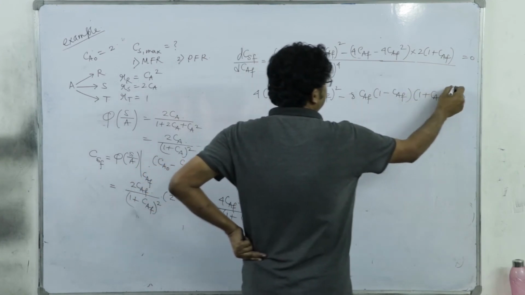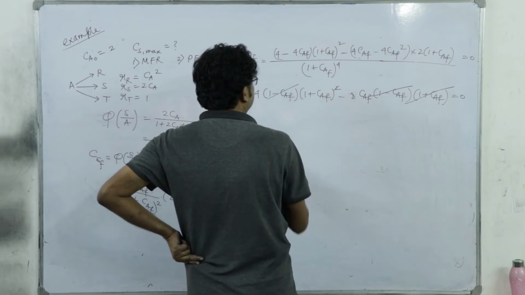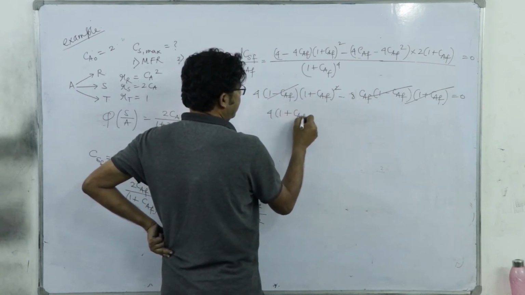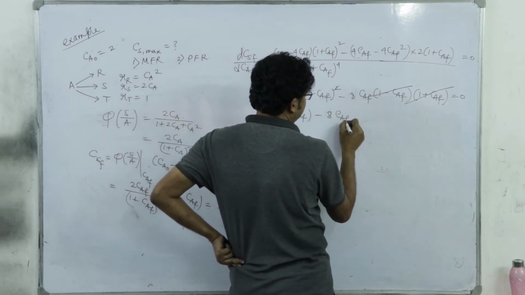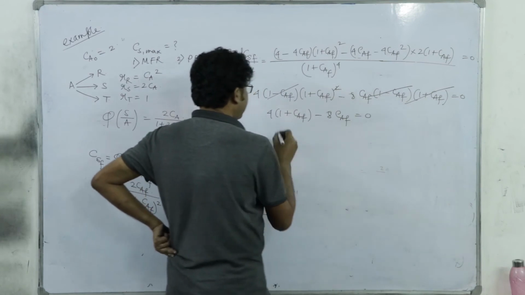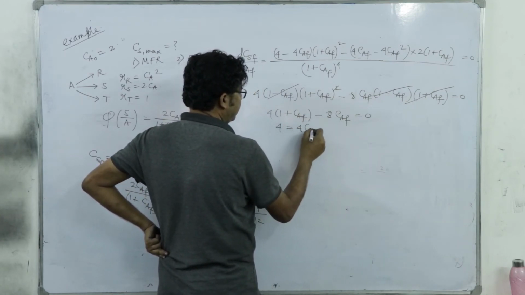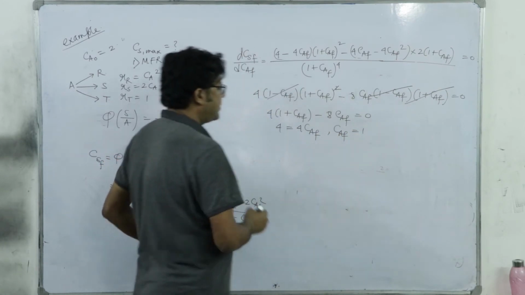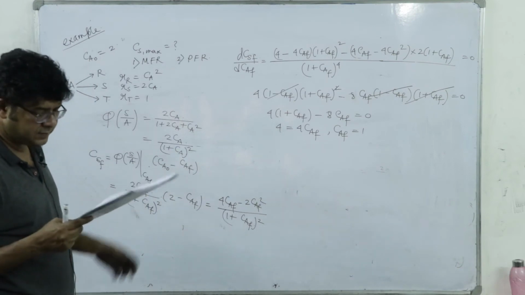So this cancels out, this also cancels out. So 4 into (1 plus CAF) minus 8 CAF equal to 0. So 4 CAF minus 8 CAF, so CAF equal to 1. That is the optimal concentration.